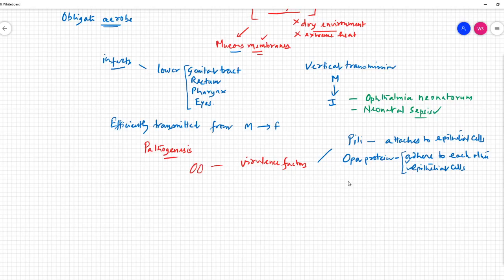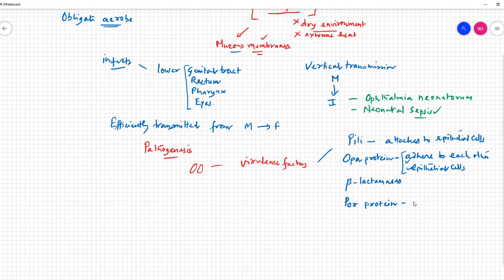The other virulence factor is that it produces beta lactamases. There are a score of other proteins also. One is a protein called pore.